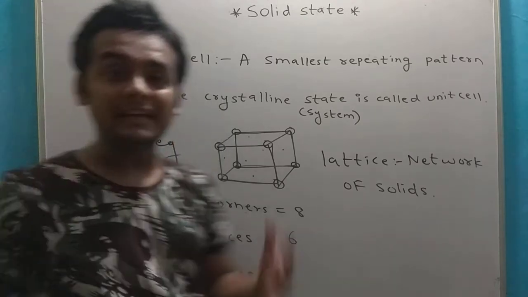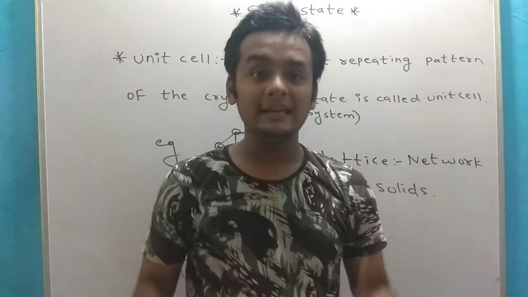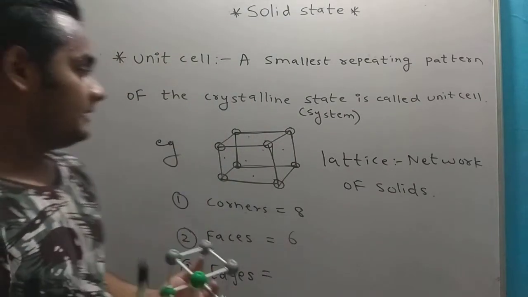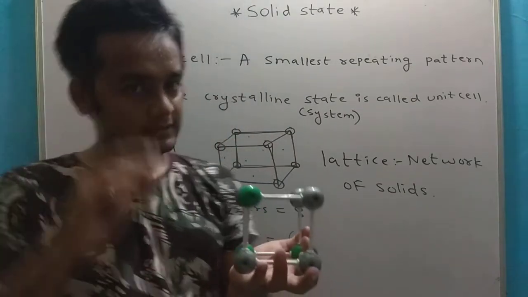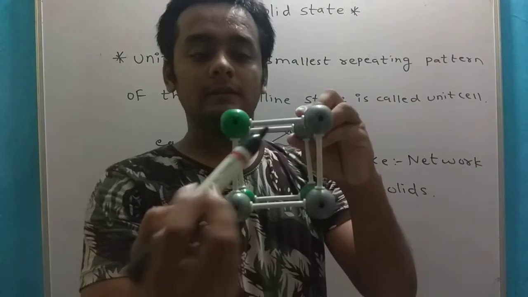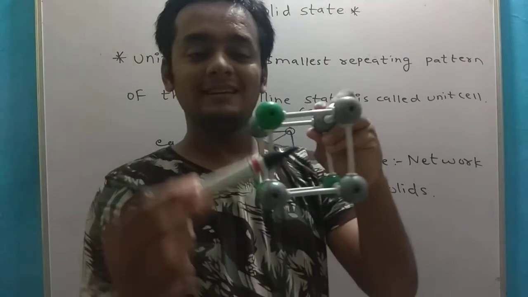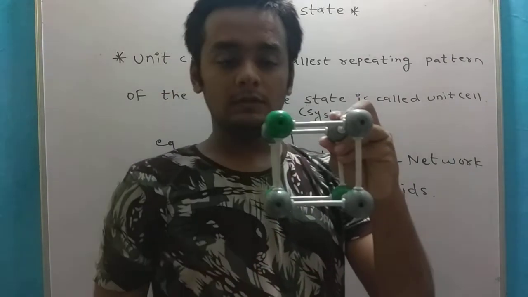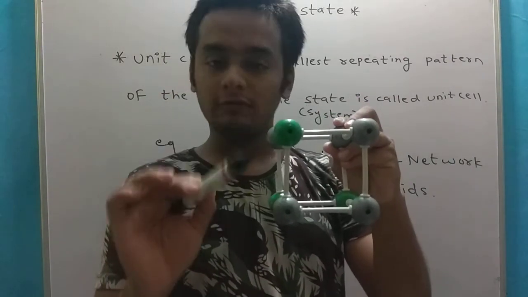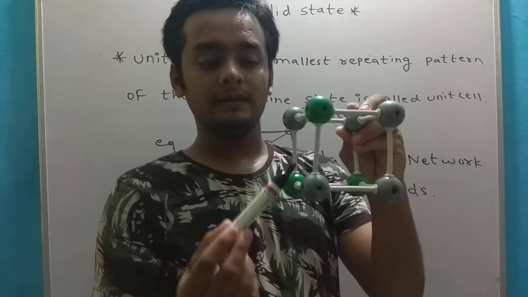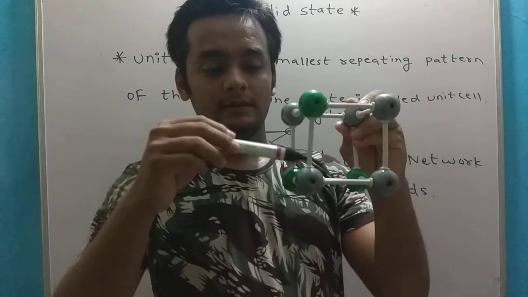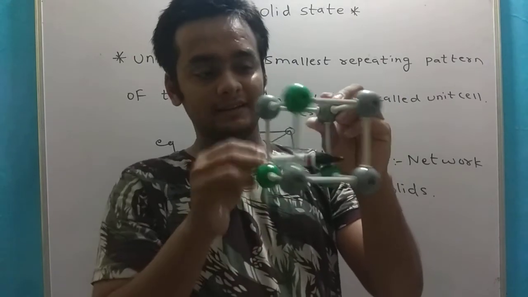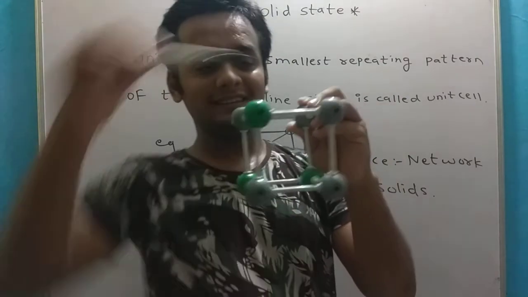Next, how many edges are there? You might be aware about edges. Now look carefully at what an edge is. This is 1 edge, this is 2, this is 3, this is 4. So that makes 4. 4 5 6 7 8 9 10 11 12.